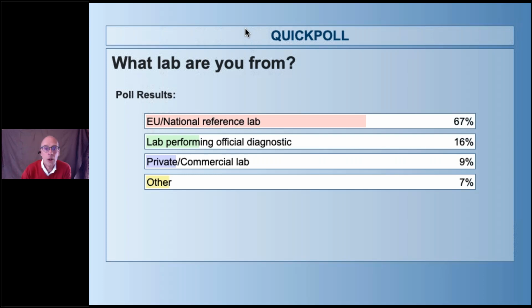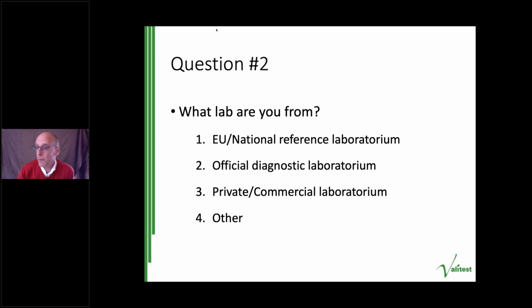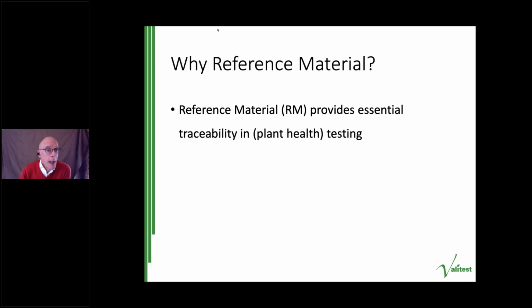Okay, so thanks. Nearly 90% also answered. So we have about 67% from EU or national reference laboratories, 16% of official laboratories, 9% from private, and 7% of others. So really good, nice to know.